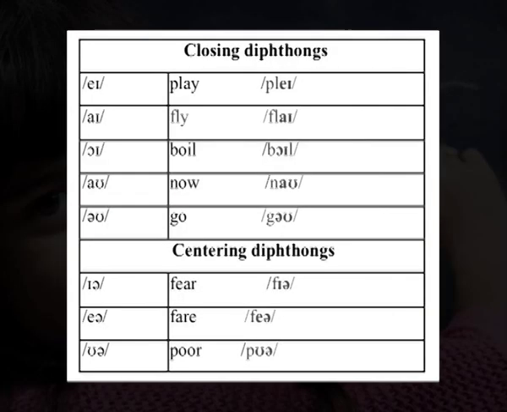Examples of closing diphthongs are: a as in play, I as in fly, oi as in boil, o as in now, o as in go. Examples of centering diphthongs are: ear as in fear, air as in fair, ooer as in poor.